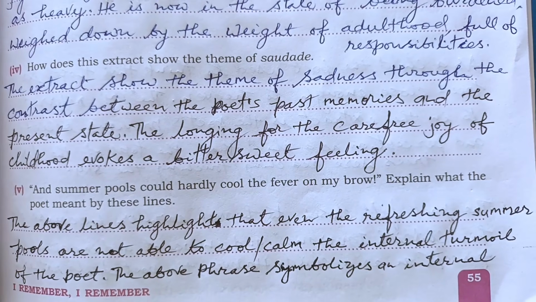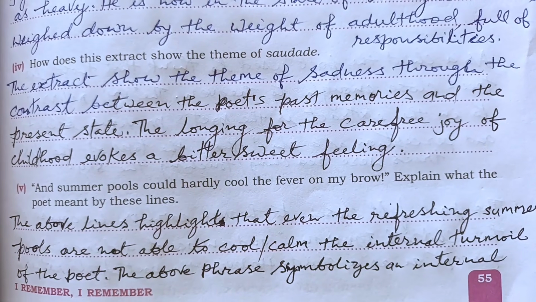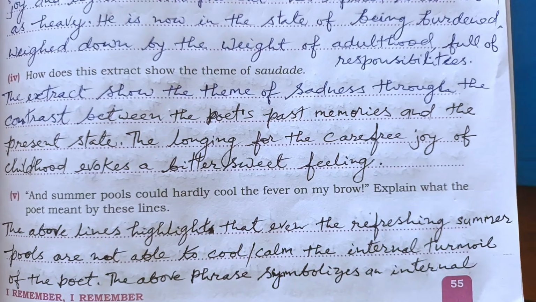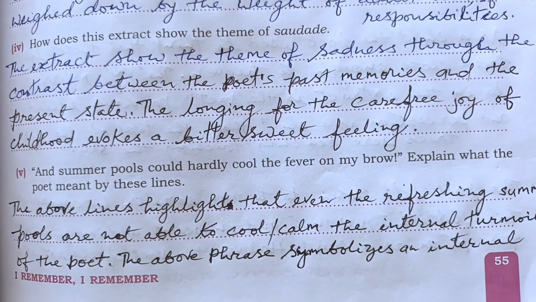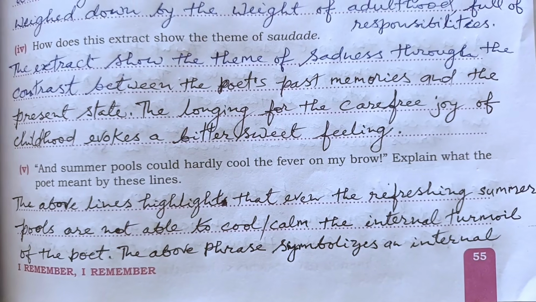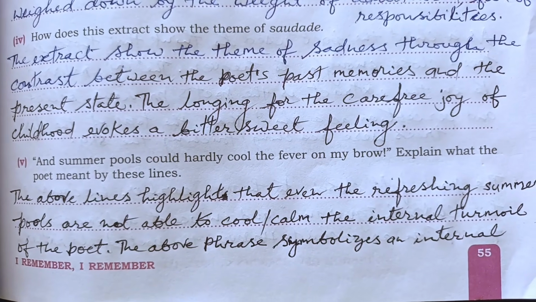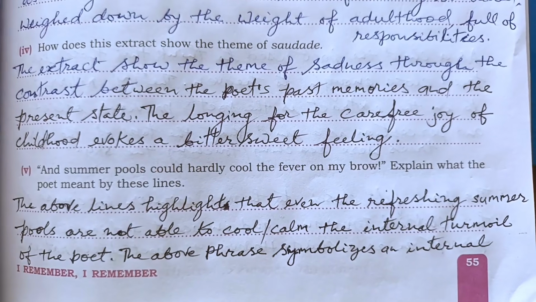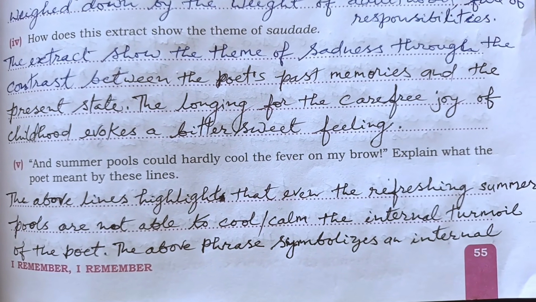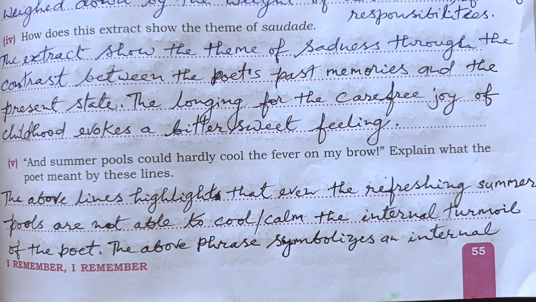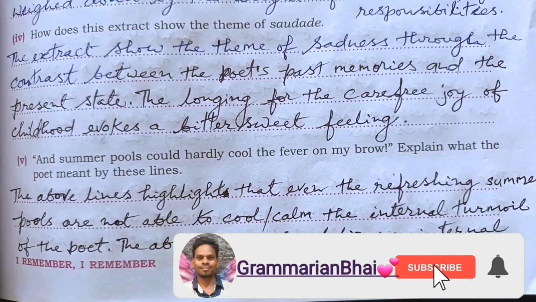Number five, and summer pools could hardly cool the fever on my brow. Explain what the poet meant by these lines. So the answer is, the above line highlights that even the refreshing summer pools are not able to cool or calm the internal turmoil of the poet.